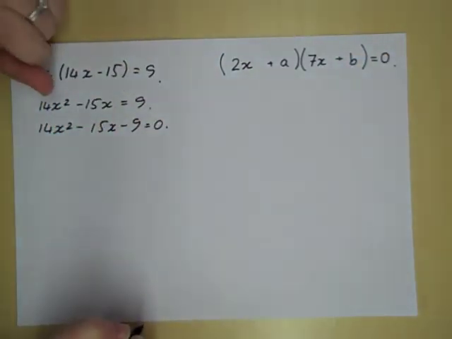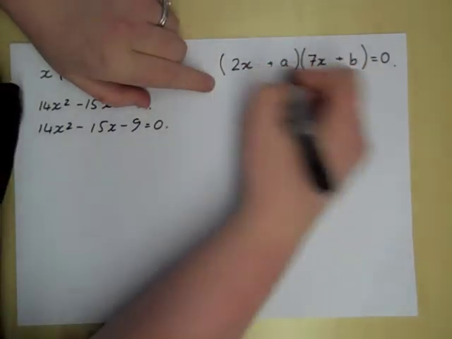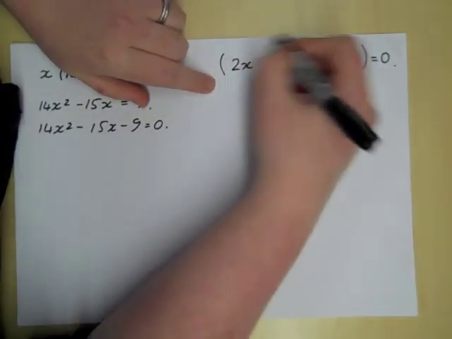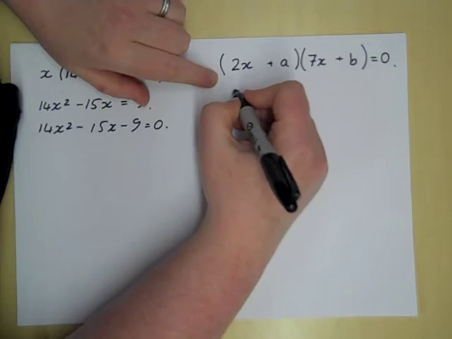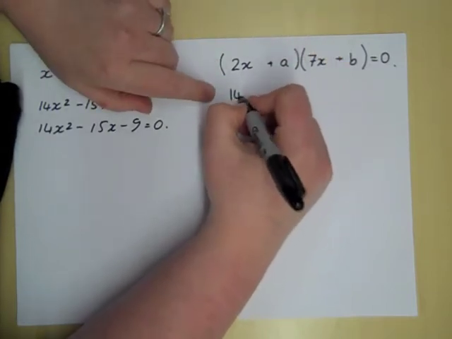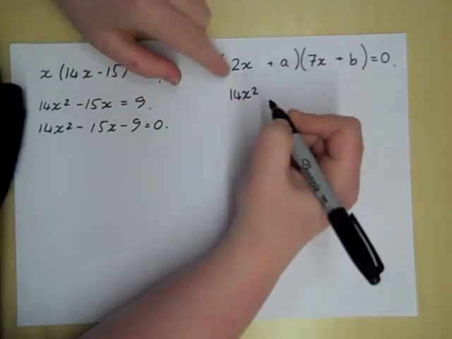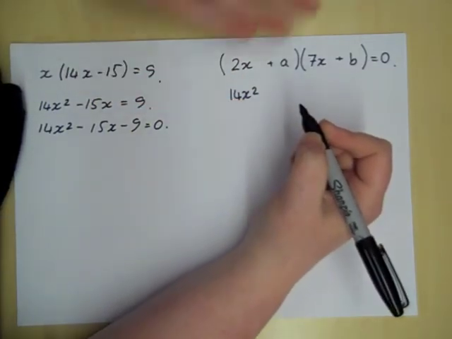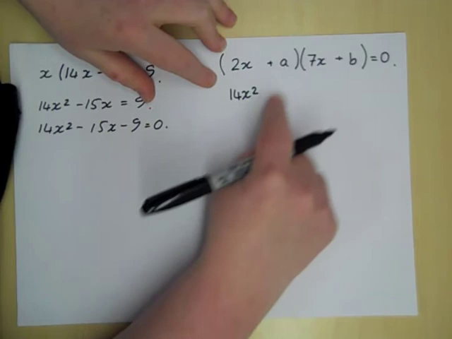So this time, when I make my table, I need to take account of these extra numbers. So I'm going to multiply this all out in terms of my A's and B's. So this gives me 14x squared. This is a guess, by the way. If this doesn't work, I can start with a different set of numbers here.